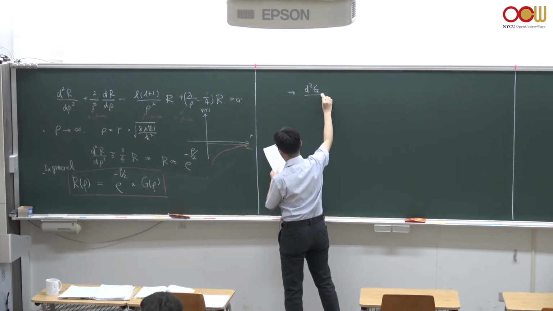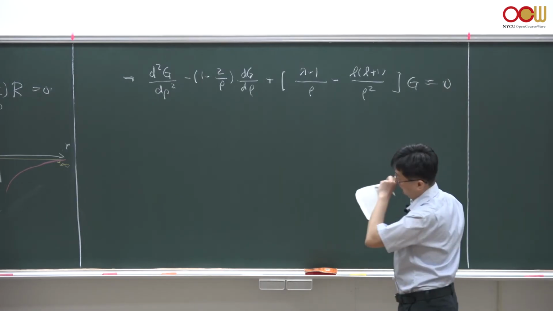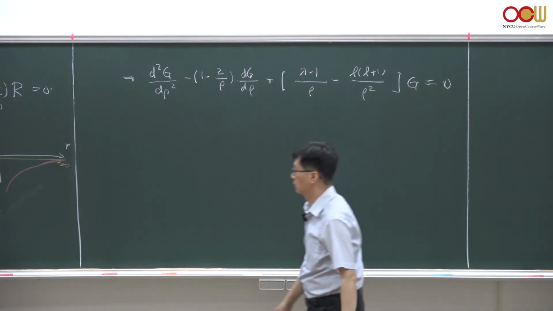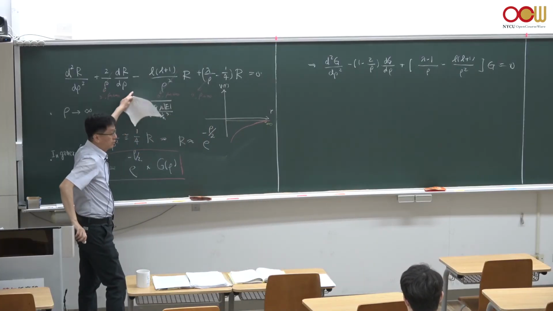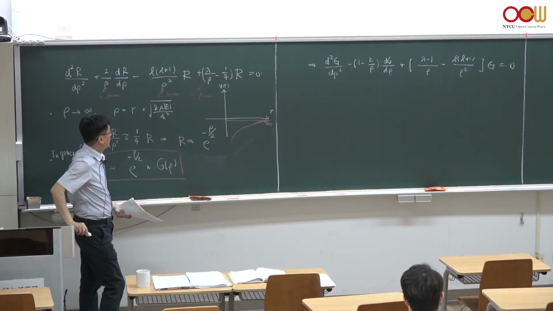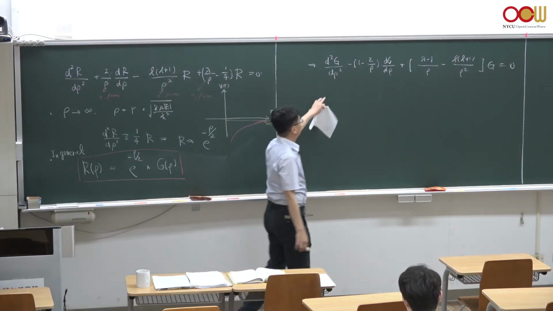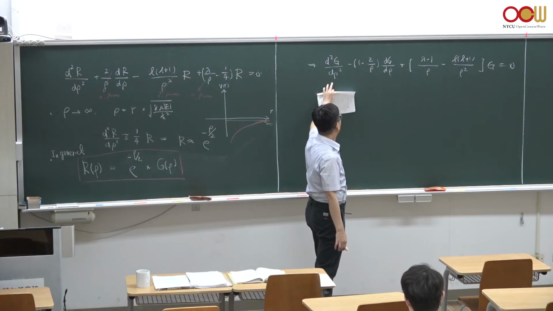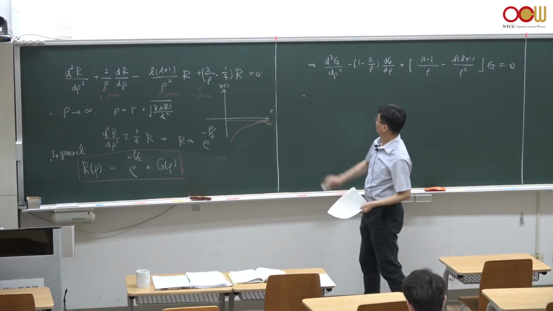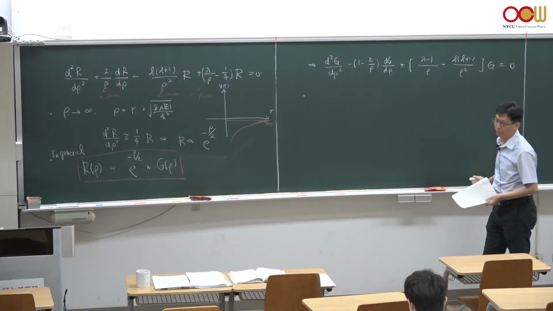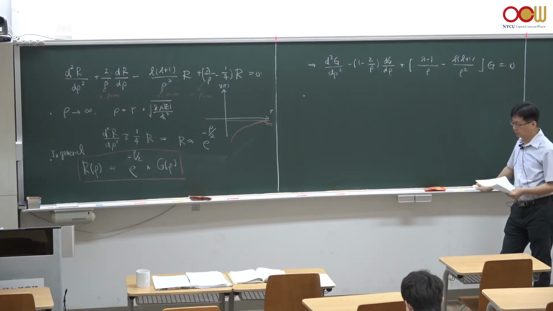So you simply plug in this product of these two functions back into this general Schrödinger equation for R. And now you have to solve this equation for capital G. So we need to simplify this equation in certain limits.